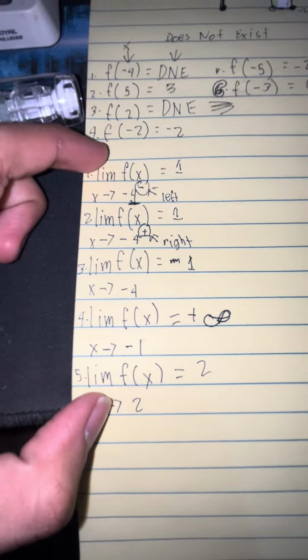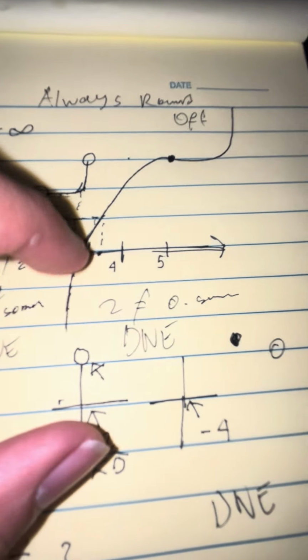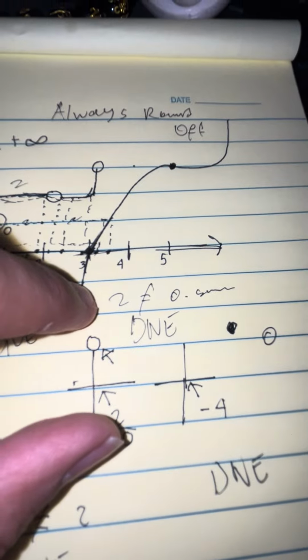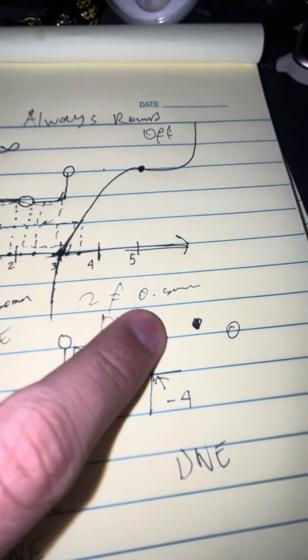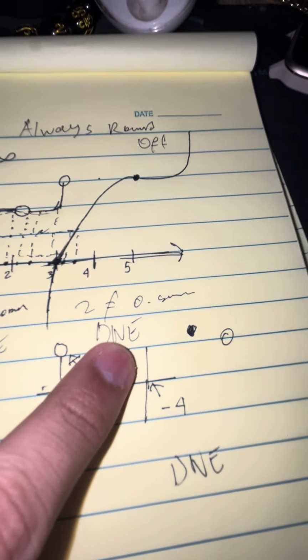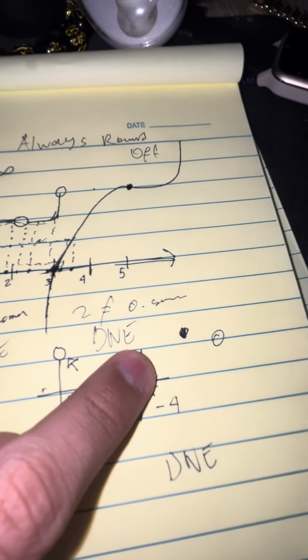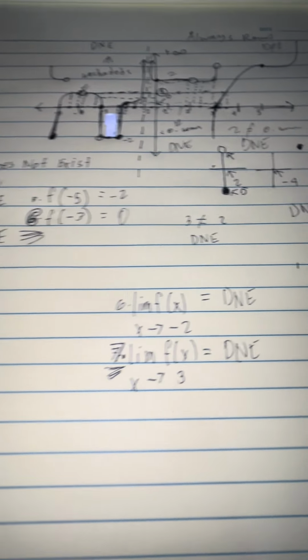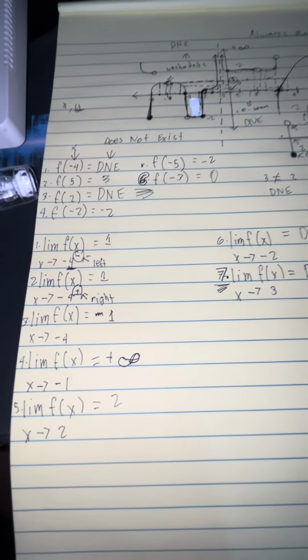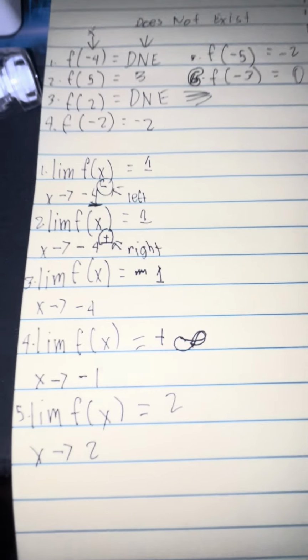It is only D and E in the limits area if they are different, if they are dissimilar. That means your answer from the left hand limit and from the right hand limit do not equal each other. This will make "does not exist" the answer, as shown in number 6 and number 7. Otherwise, your answers will be equal.